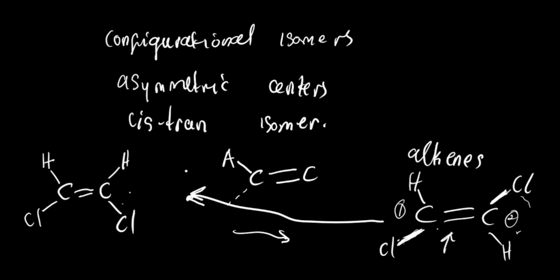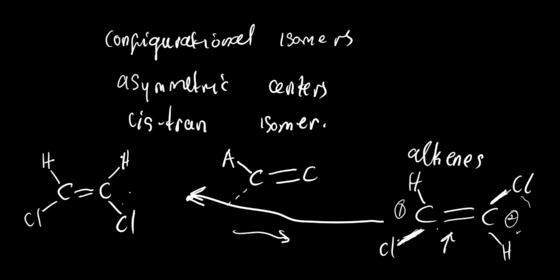So it's important for us to take note of the fact that configurational isomers do not interconvert randomly. An interconversion from one form of a configurational isomer to another form involves breakage of bonds. So bonds would have to be broken in order for one form of the configurational isomer to be transformed to another form.